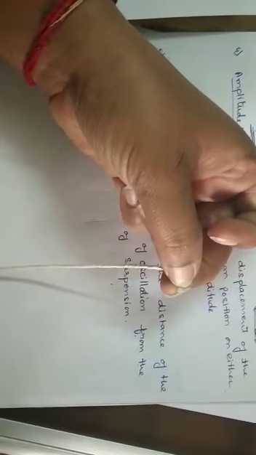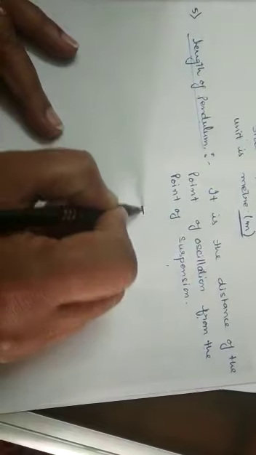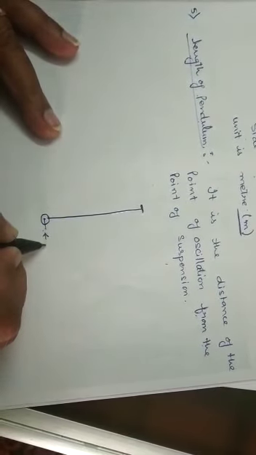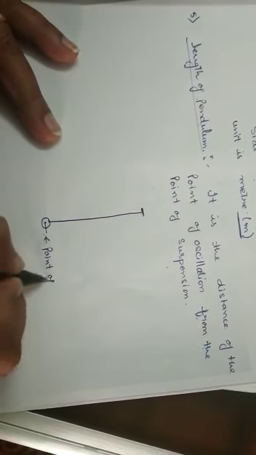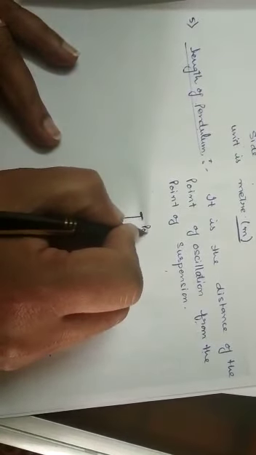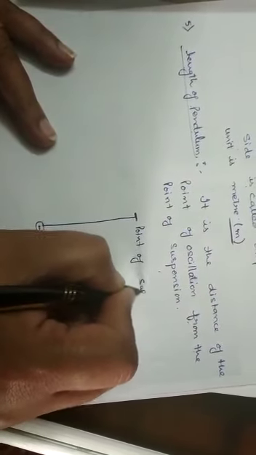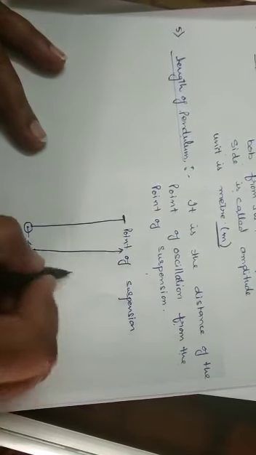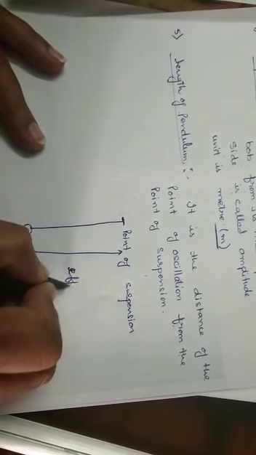The bob's center is known as the point of oscillation, and the point which is the beginning of the string is known as the point of suspension. So the distance between these two is known as length, you can say effective length.